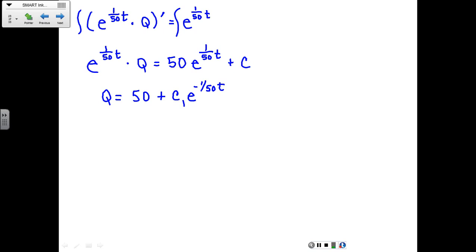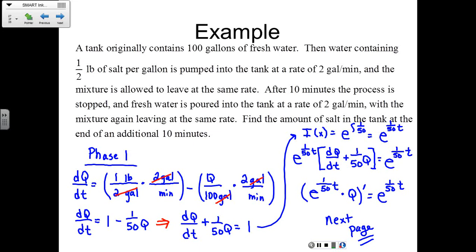So before we started pumping any salt in there, at time equals 0, how much salt was in the tank? Read the first sentence. A tank originally contains 100 gallons of fresh water. That means there's no salt present at time equal to 0.